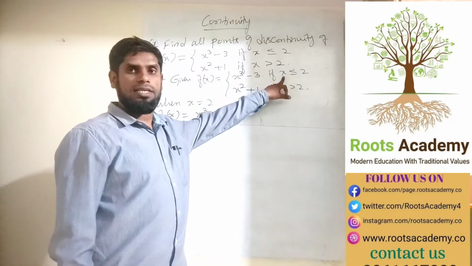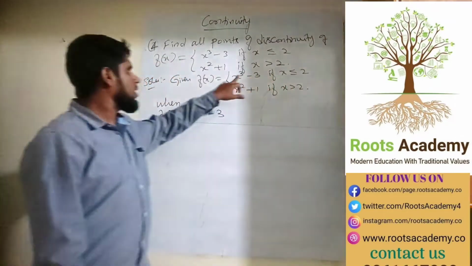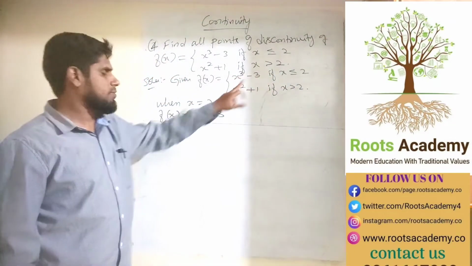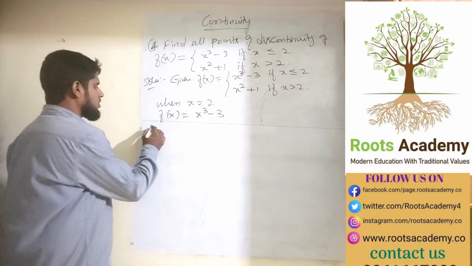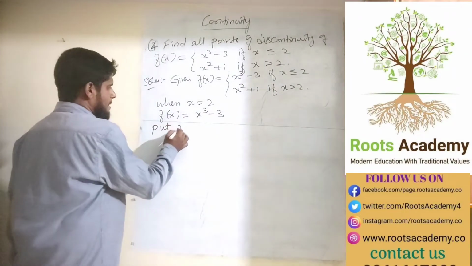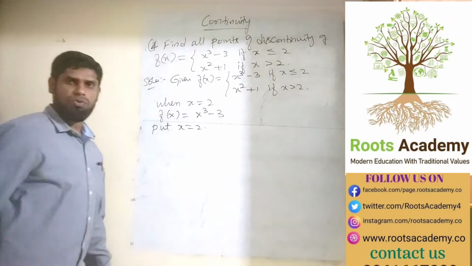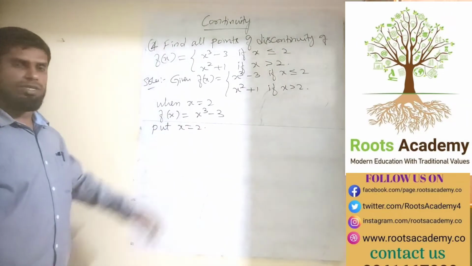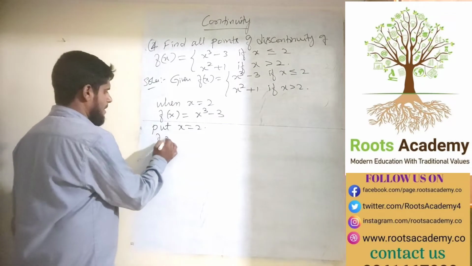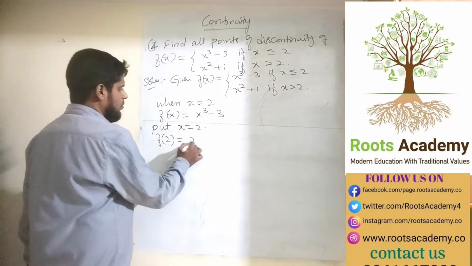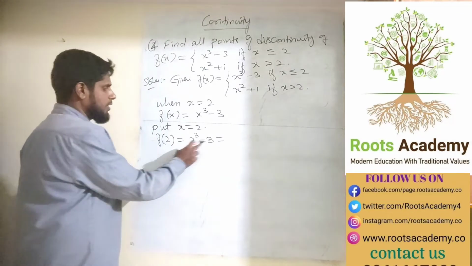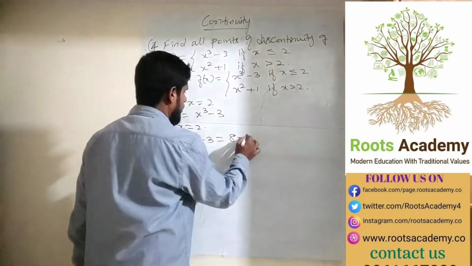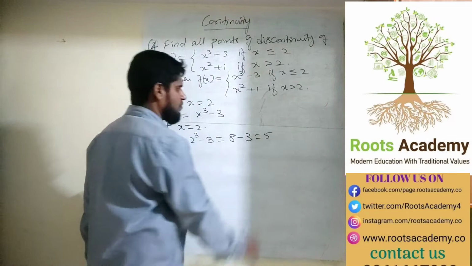The moment I say x is equal to 2, my function is x cube minus 3. Put x is equal to 2 in this function. Then it becomes f of 2 is 2 cube minus 3. 2 cube is 8, 8 minus 3, it is 5.